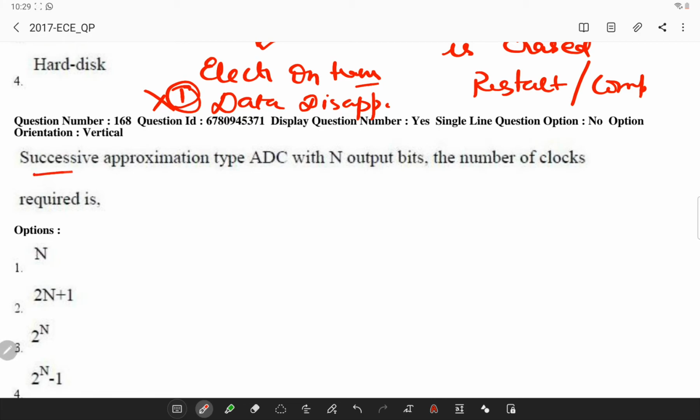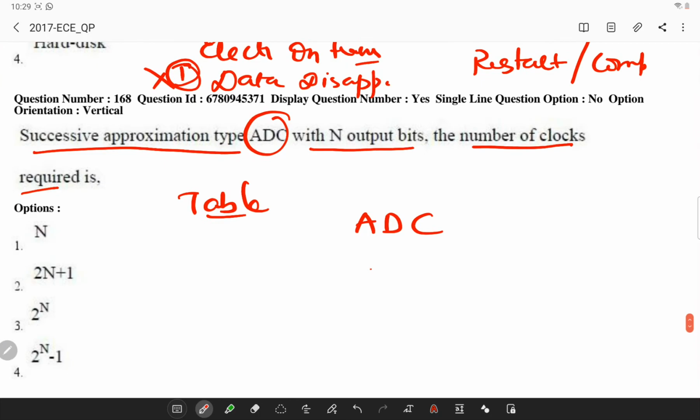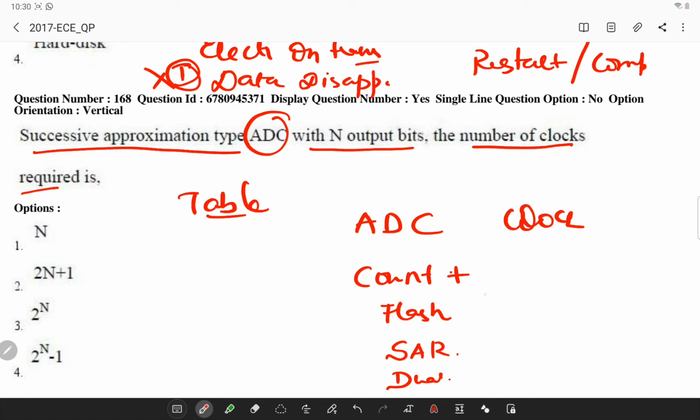Next, for a successive approximation type of ADC with n output bits, what is the number of clocks required? You have to remember a table because there is a comparison of the different types of A to D converters: counter type, flash type, successive approximation and dual slope. Remember the number of clock cycles of each.